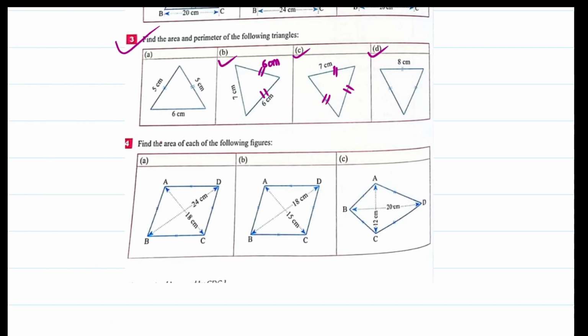And in the fourth question, find the area of the following figure. It is a parallelogram and this is a quadrilateral, or this is known as a kite. You see, we have not discussed how to find the area of these figures. So we will discuss in our next lecture.